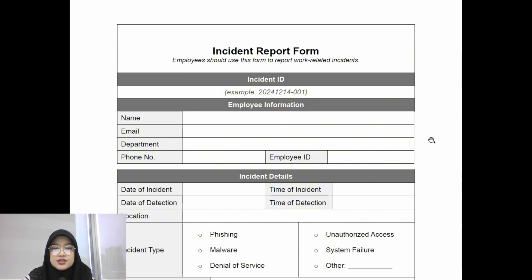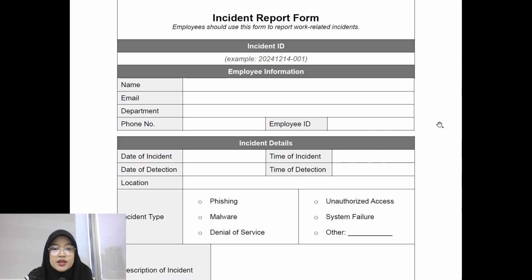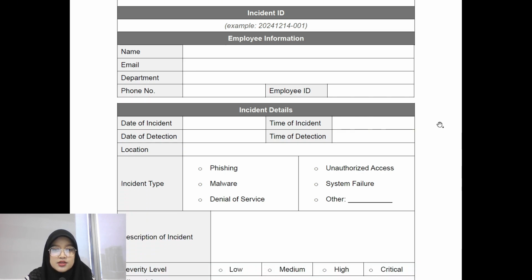And then next is employee information. First we have name, which is the employee name, email, department, phone number, and employee ID that the employee needs to fill in. The next one is incident details. So we have the date of the incident, when the incident happened, and the time of the incident.